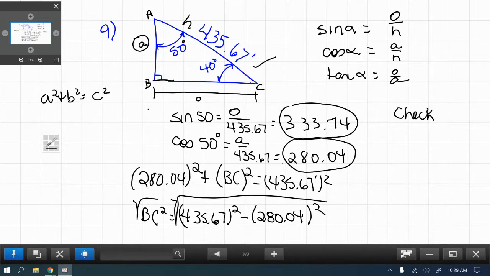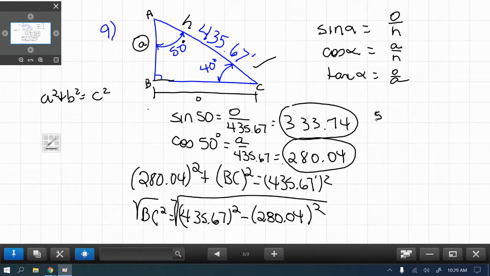Sine 50, because this is over here, and to get it over here, you have to multiply each side by the bottom. So you multiply each side by 435.67. Hold on, let me, I'm writing wrong. The formula is you multiply both sides by.